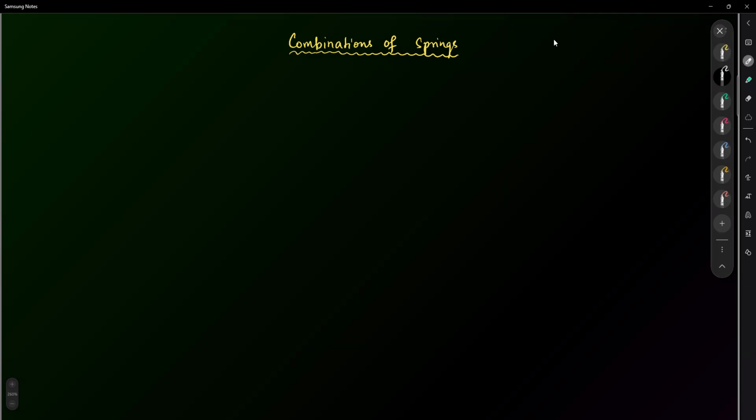Okay, some important concepts related to this spring mass system. See, suppose there is a spring here that is connected to a fixed wall, and you have stretched it with some force F. So a restoring force will act. Let us say that the spring constant is K, right?